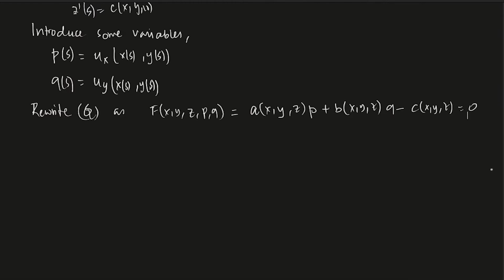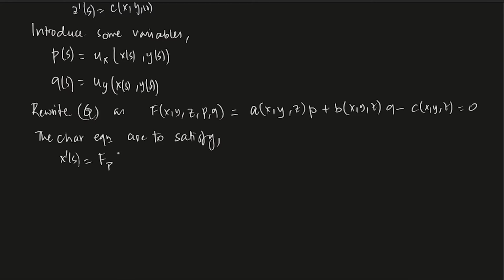Once I do that, the characteristic equations are to satisfy x prime of s, for a fixed r, of course. Now I am not really concerned about what the initial condition is. You can obviously put the initial condition here, but for now let's just write down the characteristic equations.